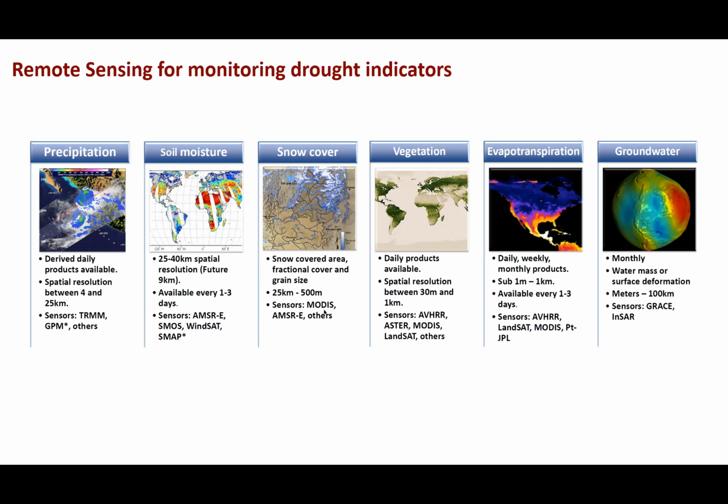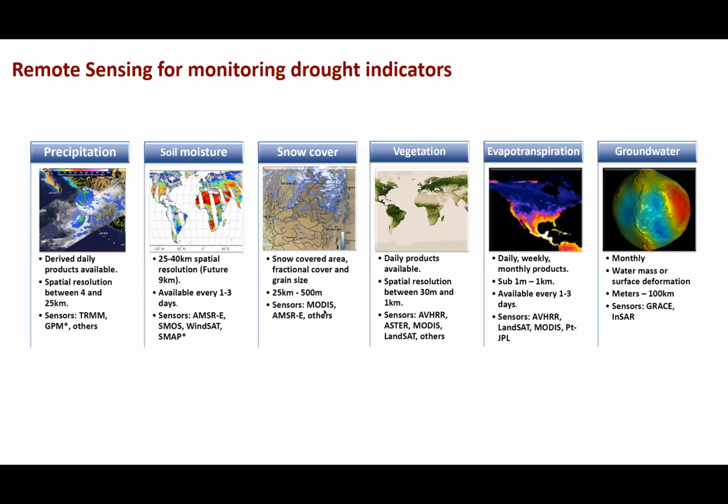For precipitation, at this point in time, operational systems are available at 5 kilometer resolution. Soil moisture varies from 5 kilometer, if you have downscaled data, but otherwise direct satellite observations are only available at 25 kilometer. Snow cover can be seen at 250 meter.